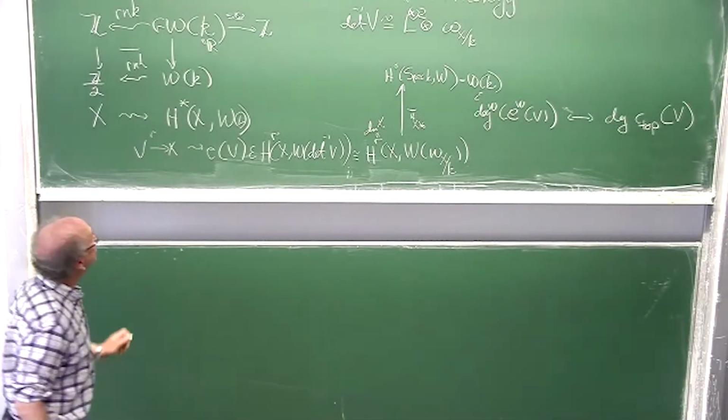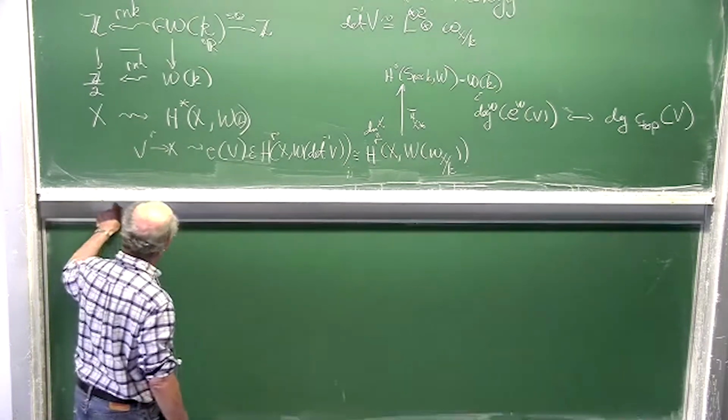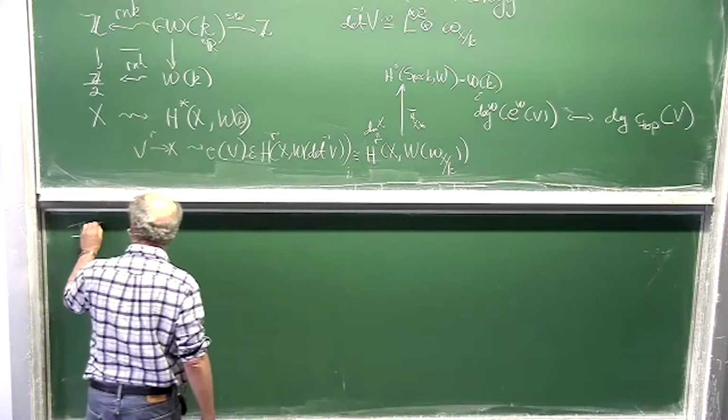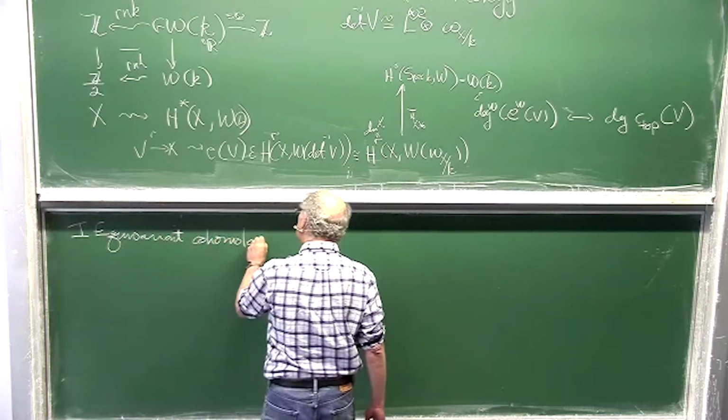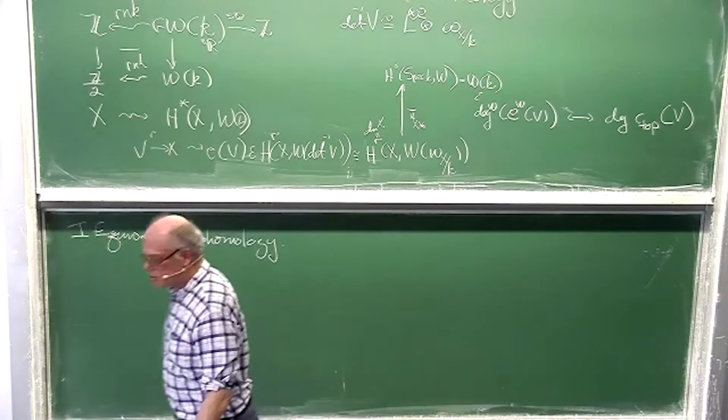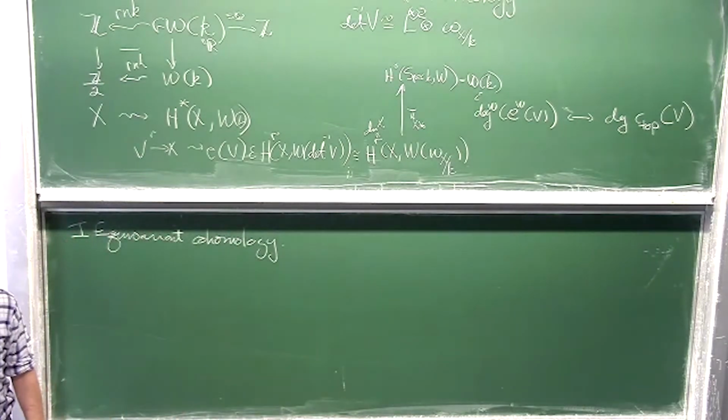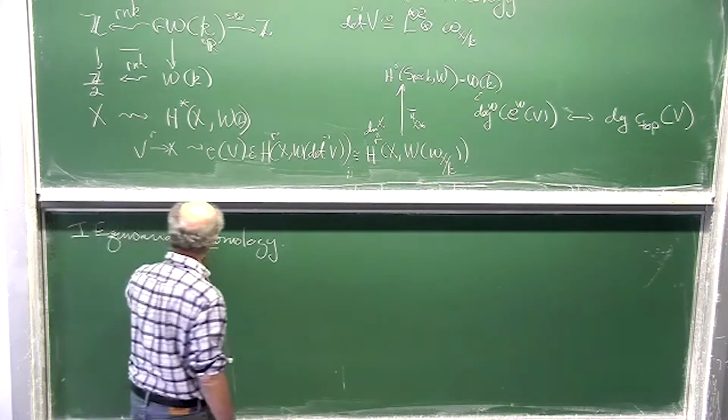Okay, so Atiyah-Bott localization takes place in equivariant cohomology, for some group, in the classical case a torus group. And so I want to say a little bit about equivariant cohomology in the algebraic setting. So how do you do this?